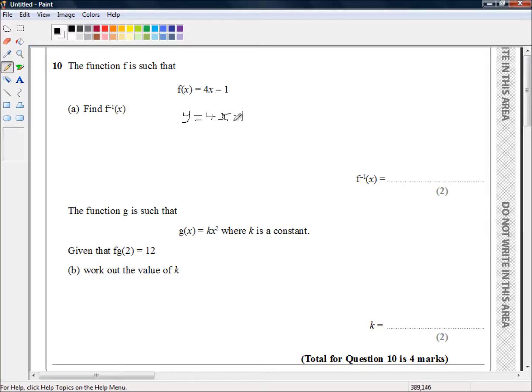So all we do is solve this for x. So if we take the 1 over to the left hand side, we're basically adding 1 to both sides. So that's y plus 1 is equal to 4x. And then if we divide both sides by 4, y plus 1 over 4 is equal to x.